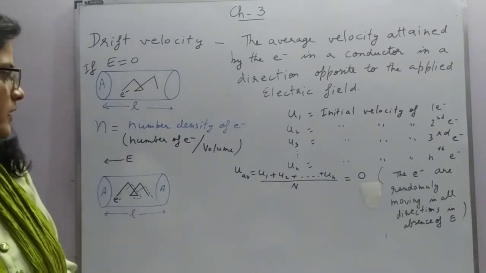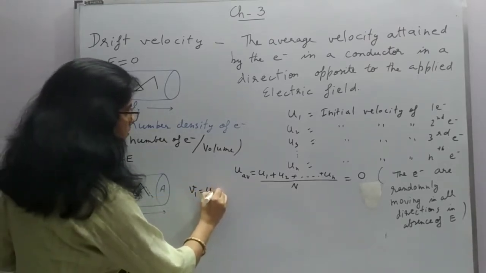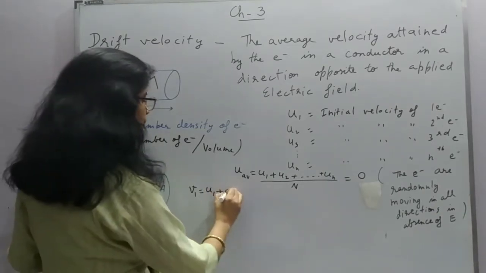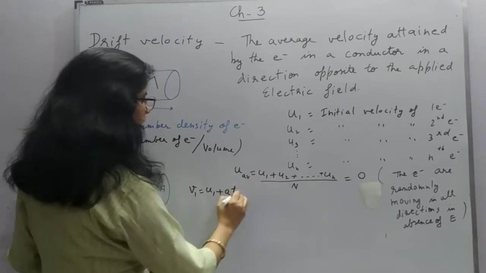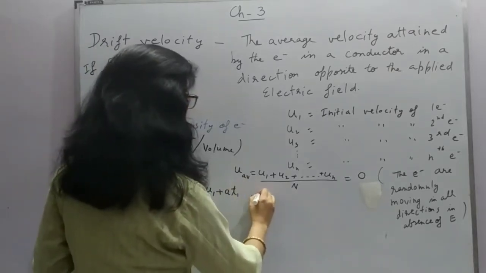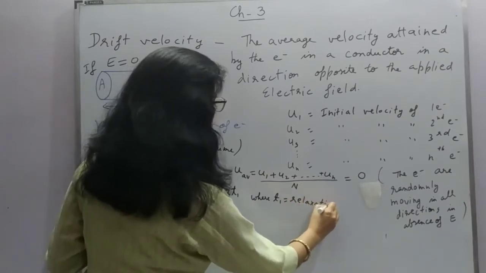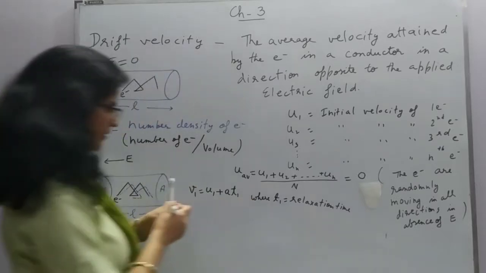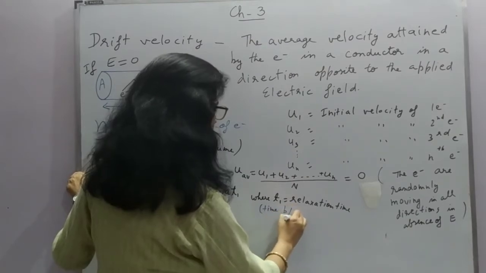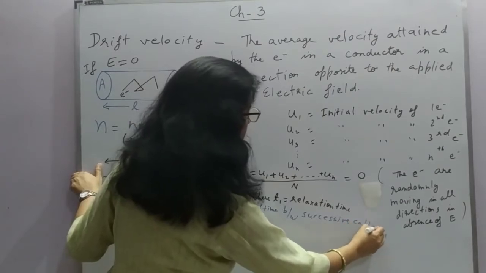So I am writing this expression relating the final velocity of first electron and initial velocity of first electron plus acceleration of first electron into relaxation time of first electron, where T1 is the relaxation time. What is this relaxation time? Time between successive collisions.